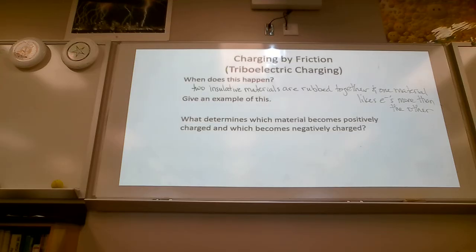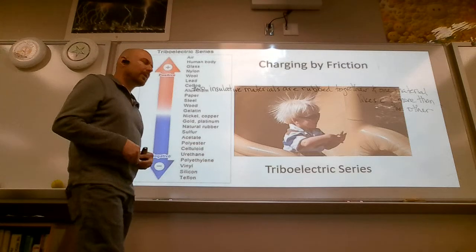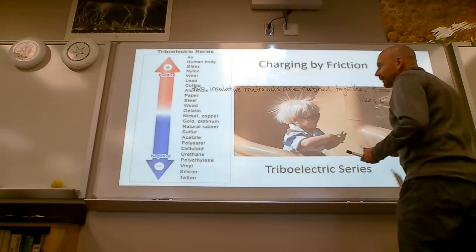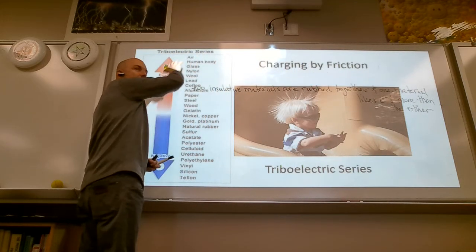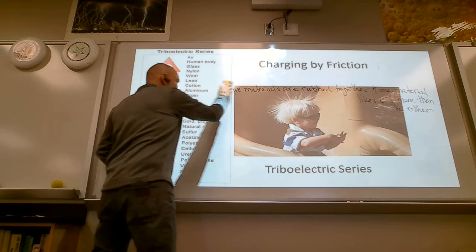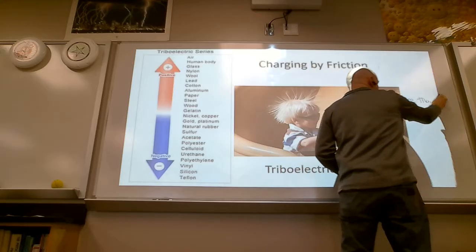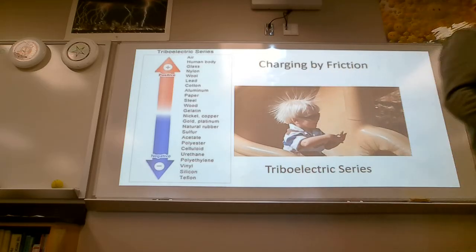Okay, so what determines which material becomes positively and which becomes negatively charged? You do not need to memorize this. But these types of materials tend to give away electrons. These types of materials tend to want electrons. It's an attribute called electron affinity or electronegativity.